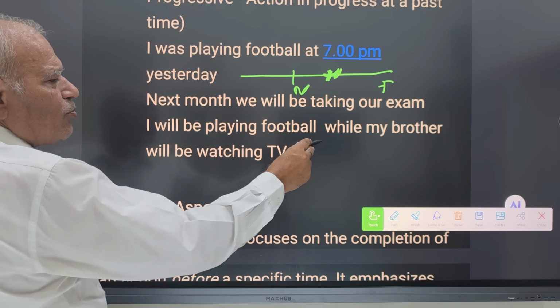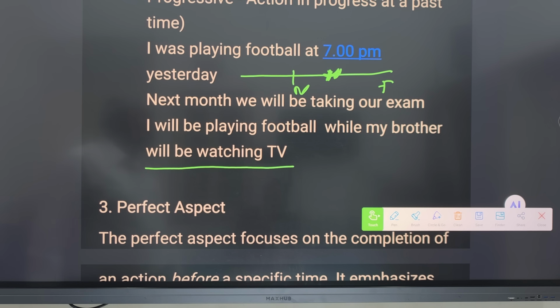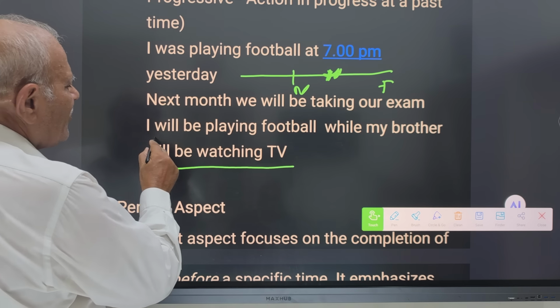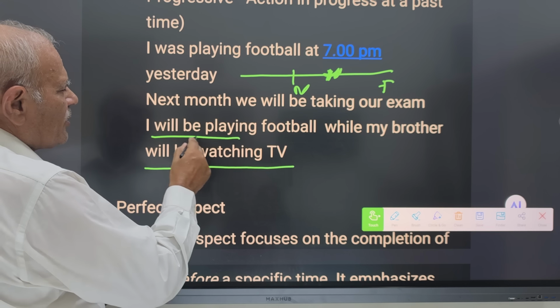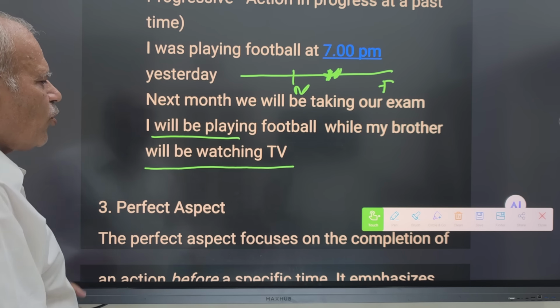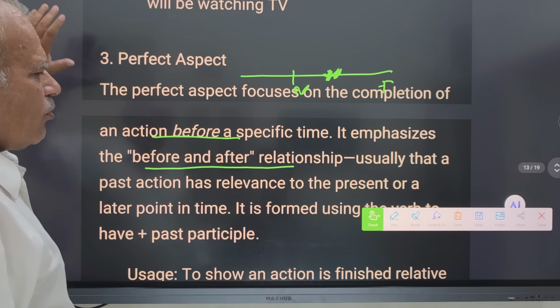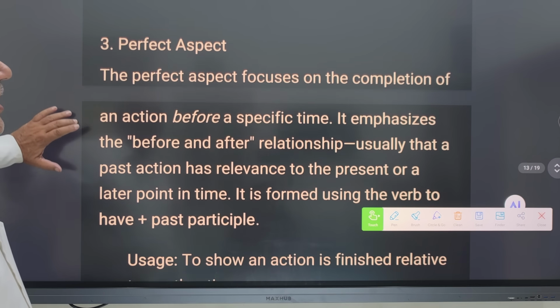I will be playing football while my brother will be watching TV. Two simultaneous events are happening, and for both you are using the future progressive; the aspect is progressive, the time is future. Now we come to the third aspect, that is the perfect aspect.